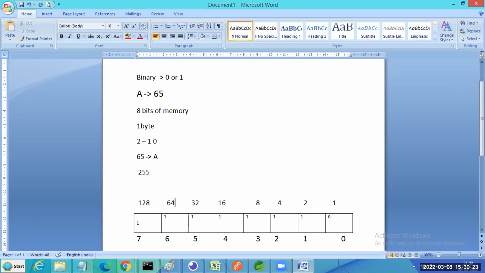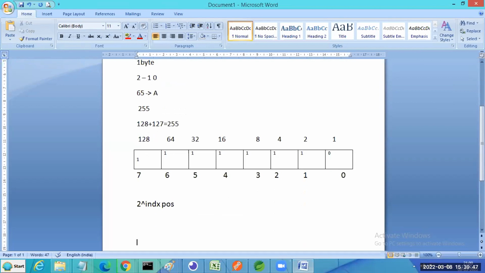Yes. 128 minus 1 is 127. Is it the sum of all of this? Yes, it's a sum of all of this. So that's why this total we can do just like 128 plus 127. We'll get the result as 255. Okay. All right, super.